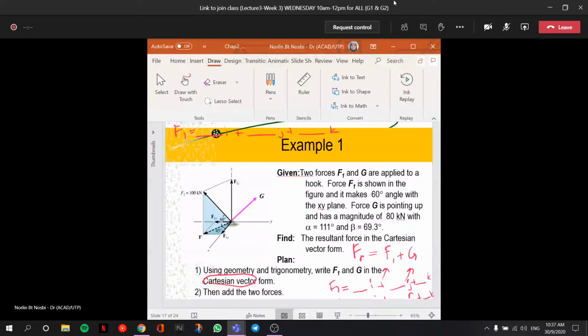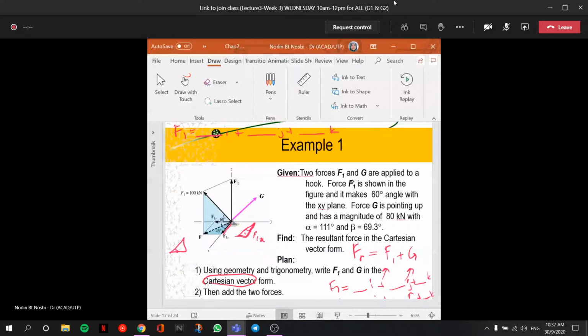Can you see it? Yes, you want to find F1x. How do you want to find it? So the shape is like this. The angle is 45. This one is F1x. So do you remember trigonometry?